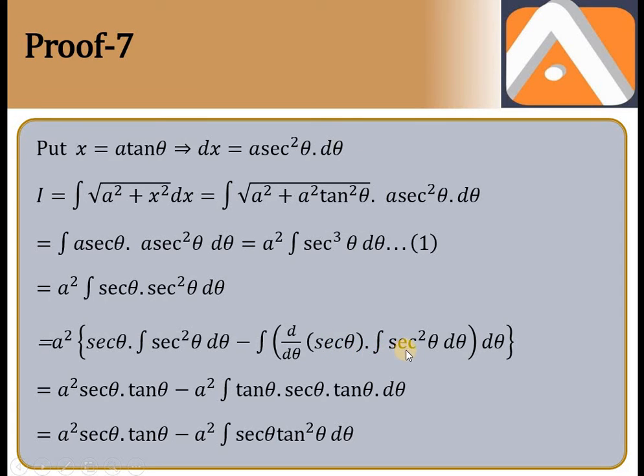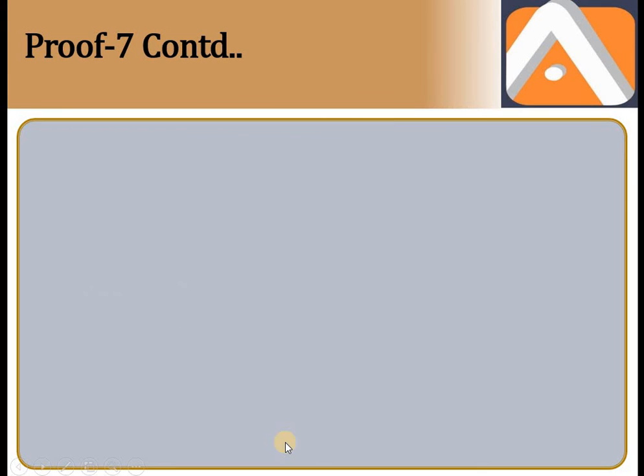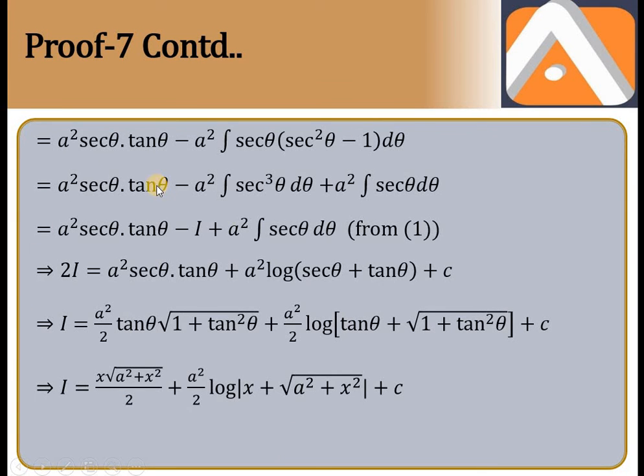Here integration of sec square theta is tan theta. So finally you are going to get sec theta into tan square theta. Now here a square into sec theta tan theta, the first term I am keeping as it is, minus a square into tan square theta, which I am writing as secant square theta minus 1. Again multiplying with this, you will get a square into secant cube theta d theta, plus a square, because minus into minus becomes plus, a square into sec theta.